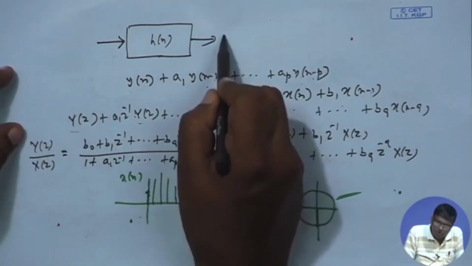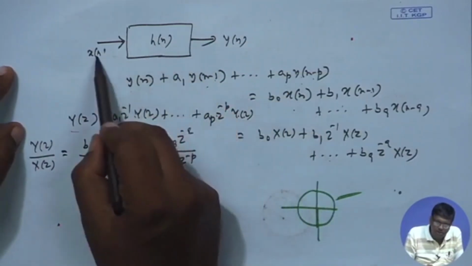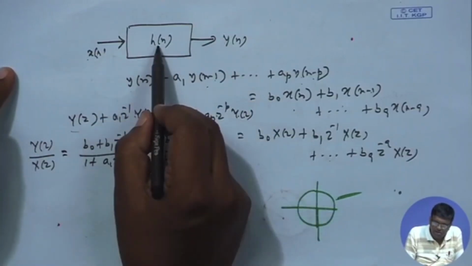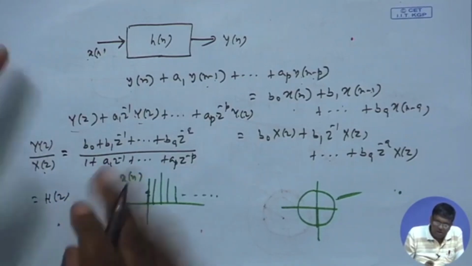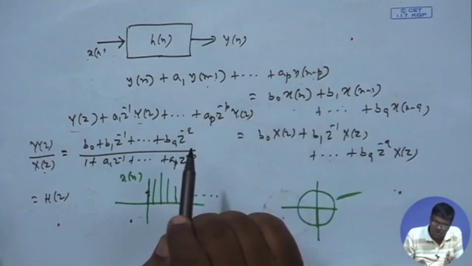And in that case, output y(n) and input x(n) are related by a convolution relation between x(n) and h(n). And in the z domain, Y(z) is X(z) into H(z), or Y(z) by X(z) in that case will be H(z), if the system is linear and shift invariant, that is, this equation with 0 initial condition.